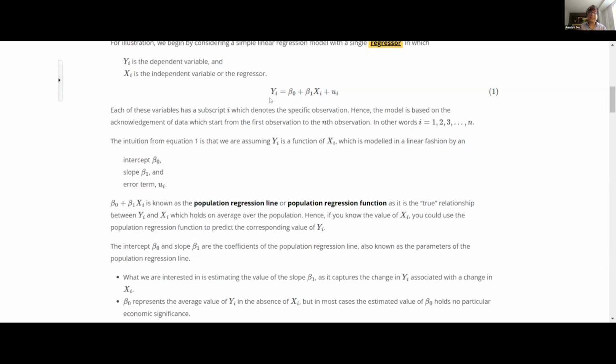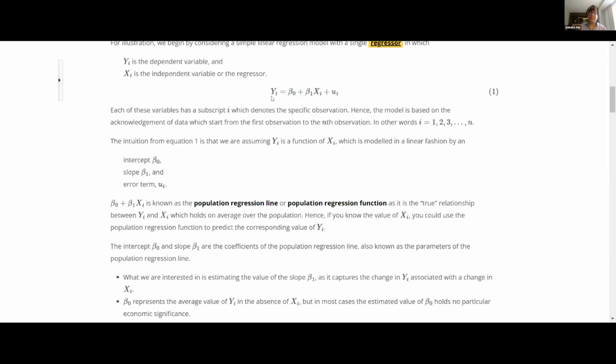Now, the idea is to get an estimate of what is called the coefficient beta 1. This beta 1 will tell us: if x, which in this case is minimum wage, increases by $1, what is the response in your poverty rate?